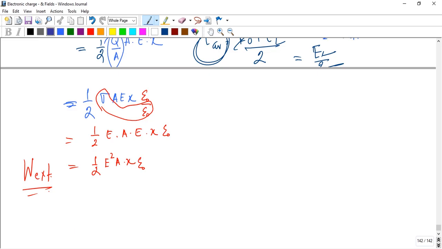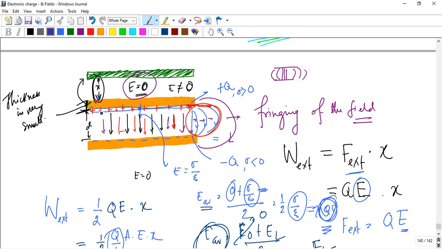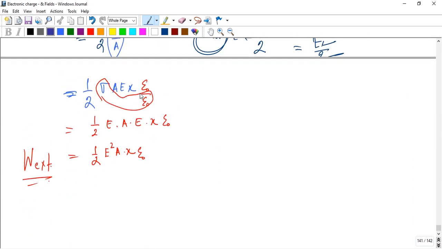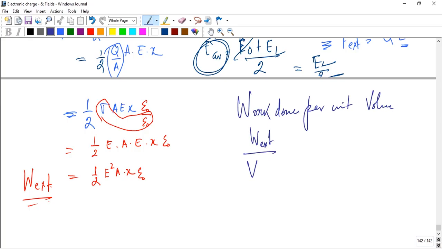Now work done by the external force. If you see that, that's the surface area A, and this place is X. So here we calculate work done per unit volume, that is work done by the external force divided by volume.